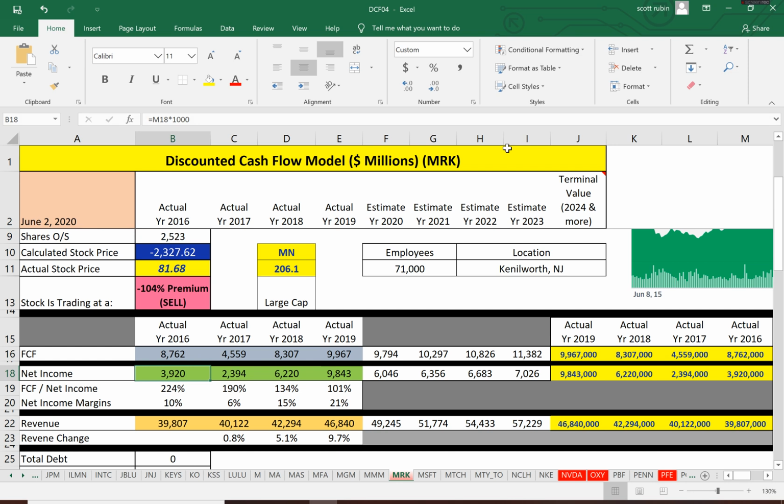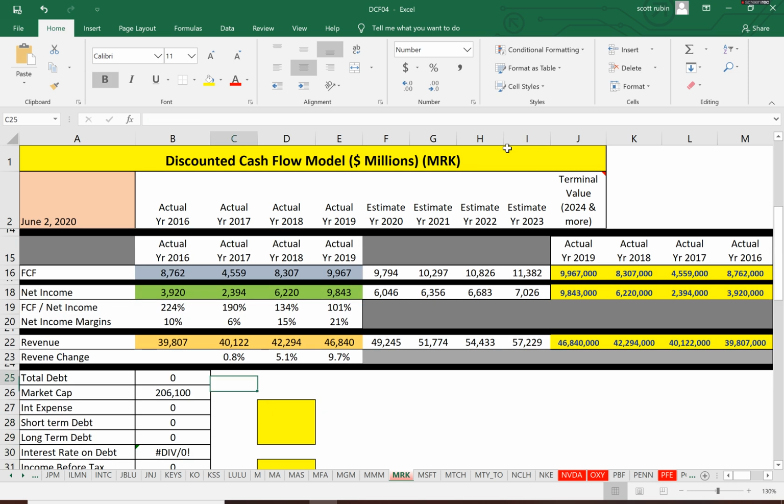Net income looks like it jumps nicely 2018, 2019, which is a good sign. And revenue is usually smoothest. It has a nice steady increase each year. So numbers look pretty good as long as there's no negatives. Once there's a negative in there, it makes it really hard to value, and then I have to adjust the model, but this looks pretty good.